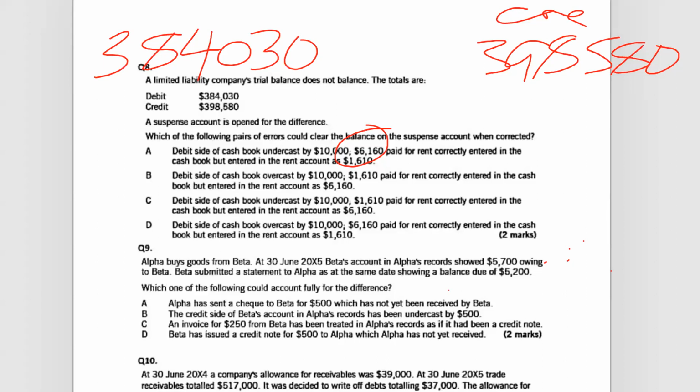All right, we need to go through the errors, very important. What about the error of original entry? Who could define it for us? What does the error of original entry mean? Or what does it state?